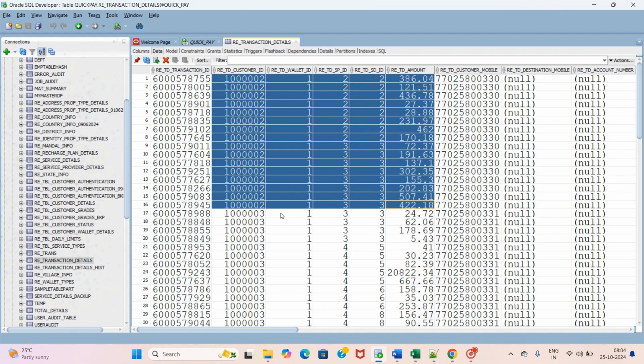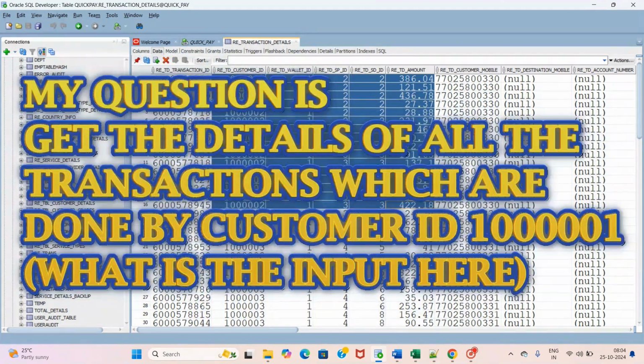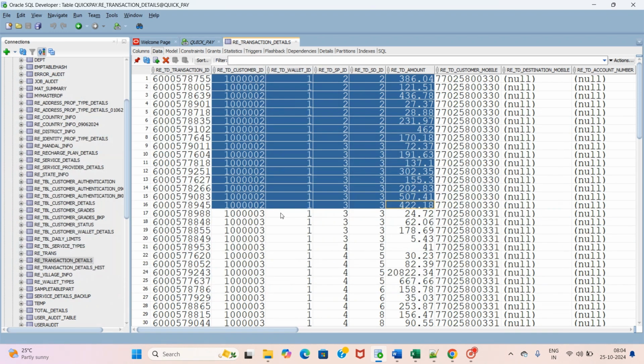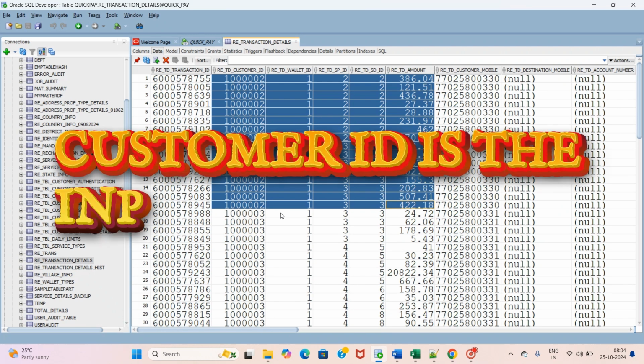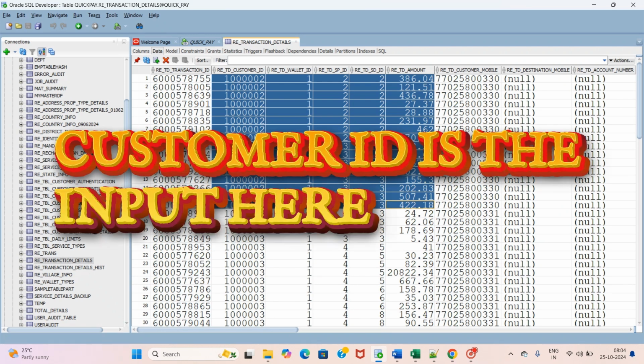Okay, get the details of all the transactions which are done by customer ID 1000001. What is the input here? Customer ID is the input here.